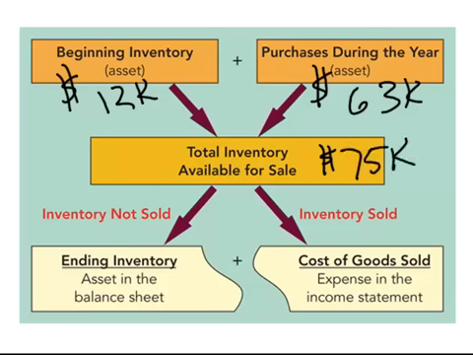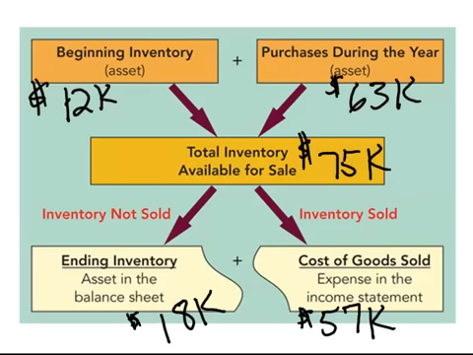When we counted the units at the end of the period, the value assigned to those units was $18,000. That means the cost of those units sold must have been $57,000. In this example, we said at the end of the year, when we determined what assets we still had on hand, the cost associated with those assets was $18,000.